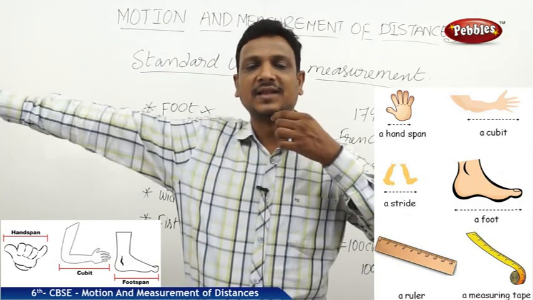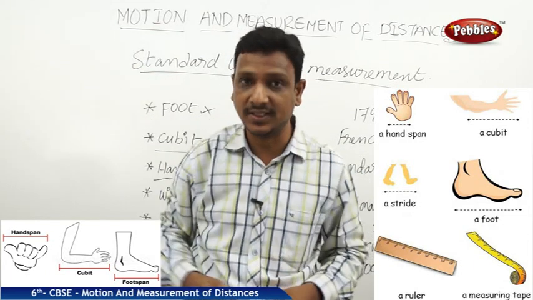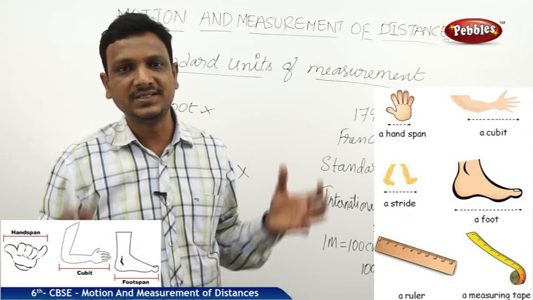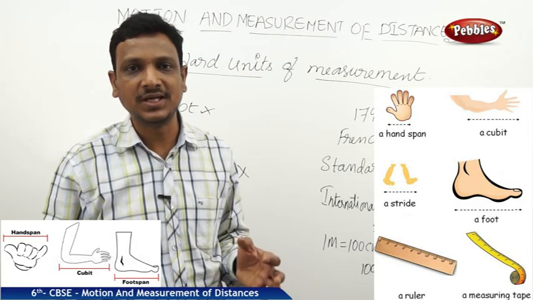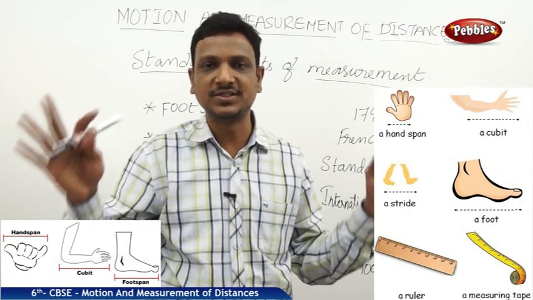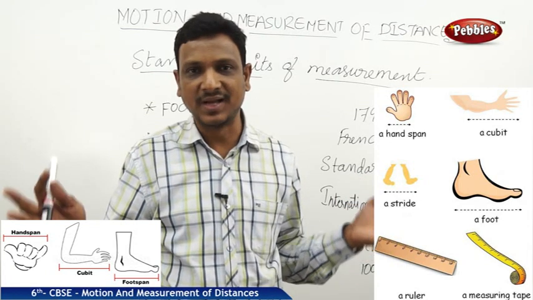If they open the cloth like this, that length of the cloth is considered as 1 yard. So that was the measurement. But all these are non-accurate units of measurement because they vary from person to person. So it's not standard, right?